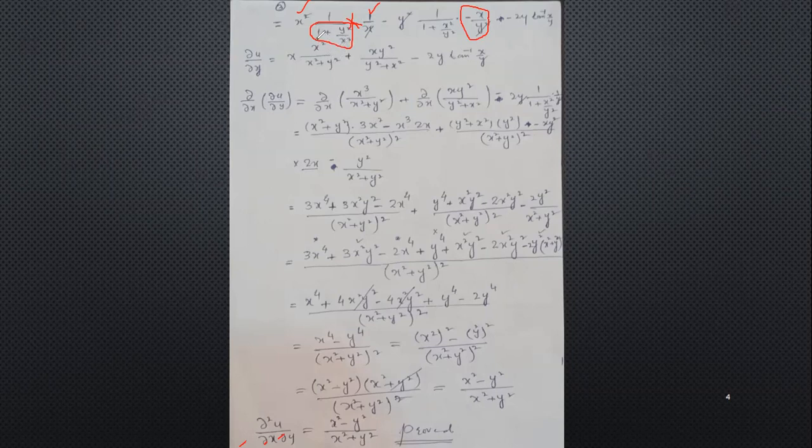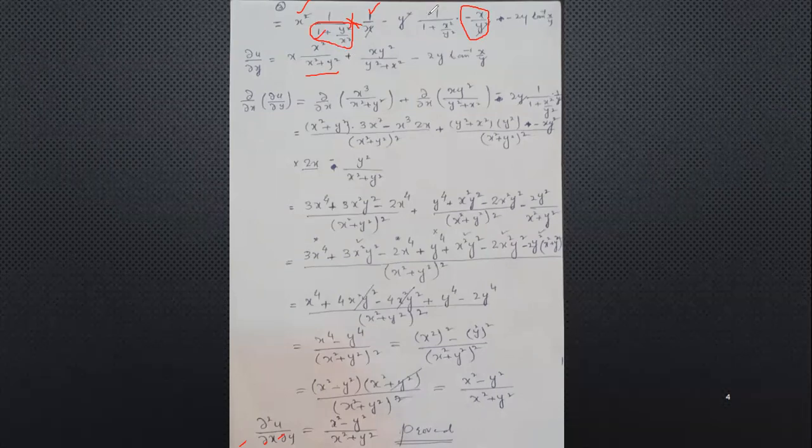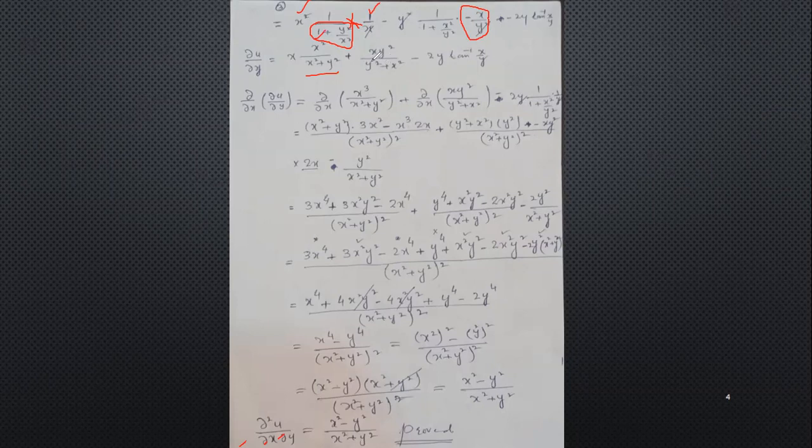Then denominator x we write in numerator, and in numerator terms x into y square we write in denominator. Plus, now simplification of this whole term is x into y square divide y square plus x square, or x square plus y square also we can write. So minus 2y tan inverse x upon y same. This is the derivation of u with respect to y.